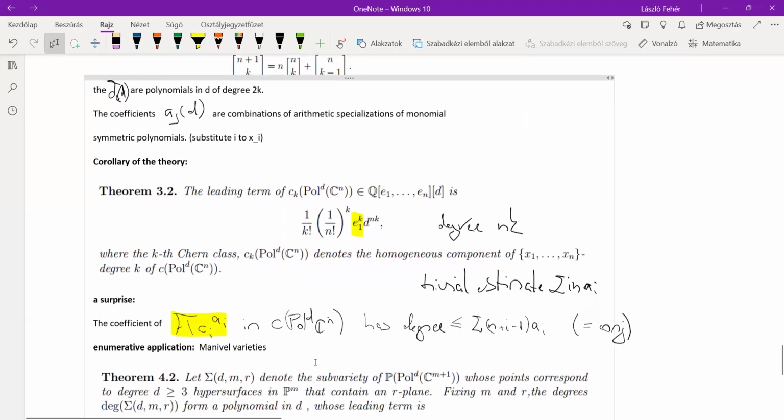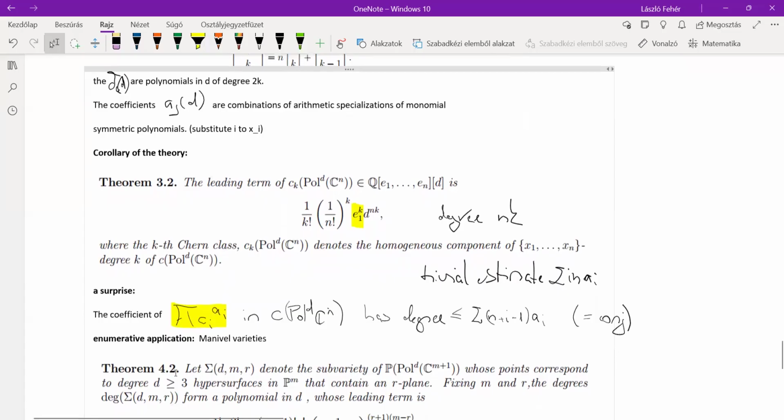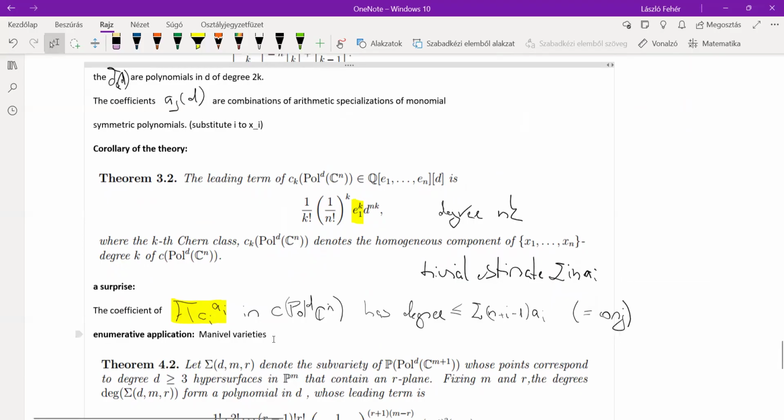If I take these strange hypersurfaces which shouldn't have an r-plane in it, then I get the subvariety which contains r-planes. So one way to think of this is that in this dimension, the Fano scheme should be empty, at least in the generic case. So these are non-generic hypersurfaces.